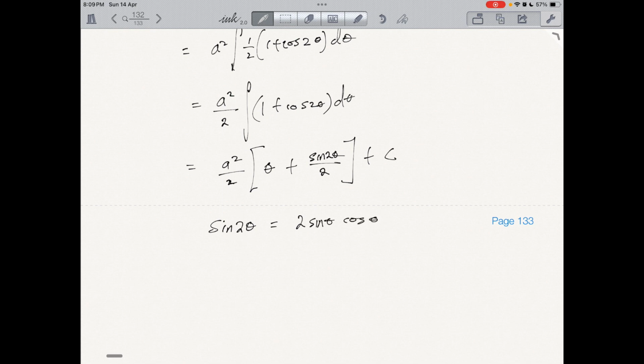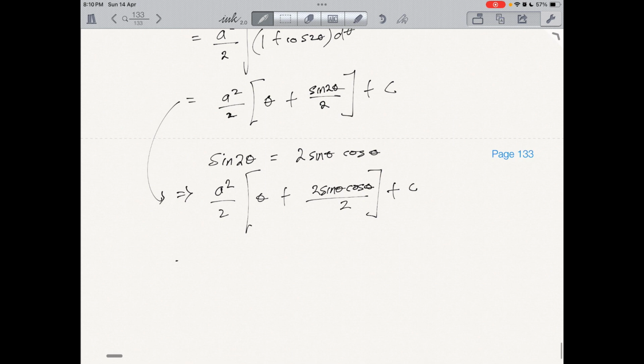Now we can rewrite this to give a squared over 2 times theta plus 2 sine theta cos theta divided by 2, plus c. Therefore, a squared over 2 into theta plus sine theta cos theta, plus c.